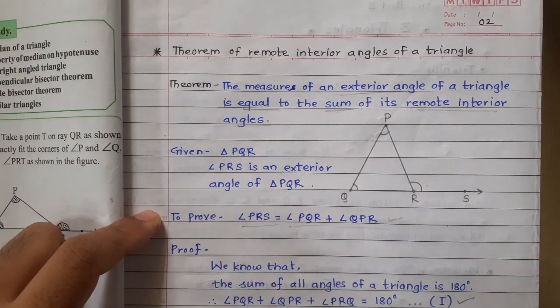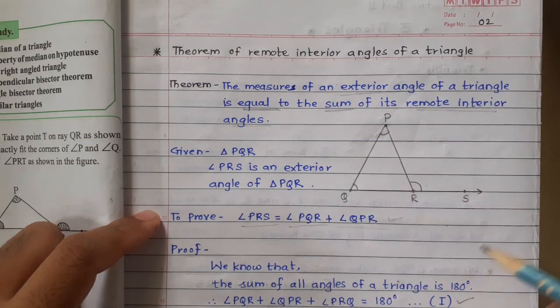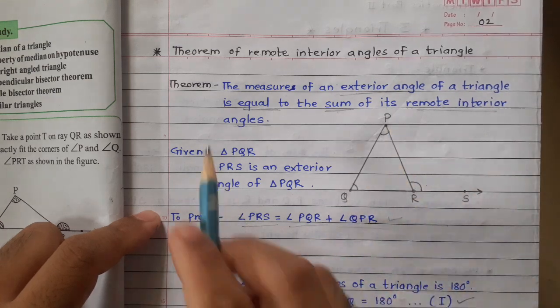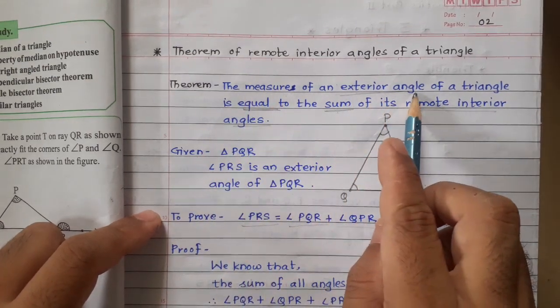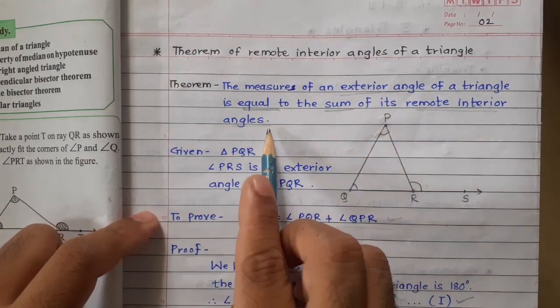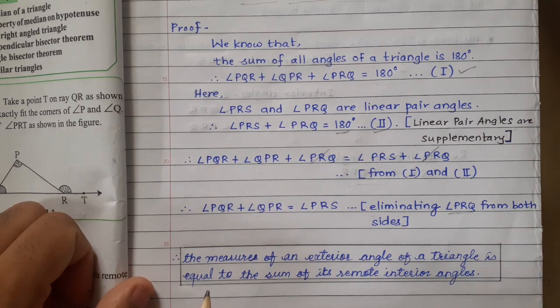So from the statement of the theorem, we can say angle PRS is equal to angle PQR plus angle QPR. That is, the measure of an exterior angle of a triangle is equal to the sum of its remote interior angles. And we also gave the proof for this theorem.